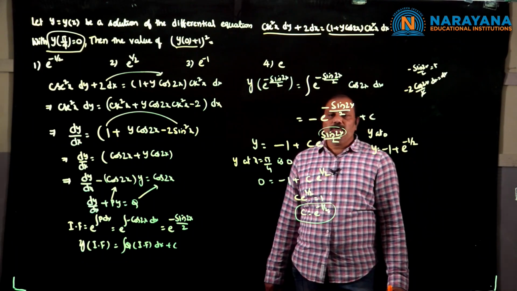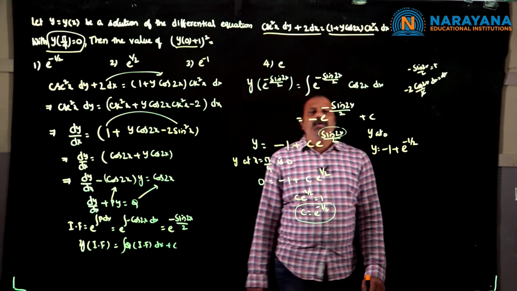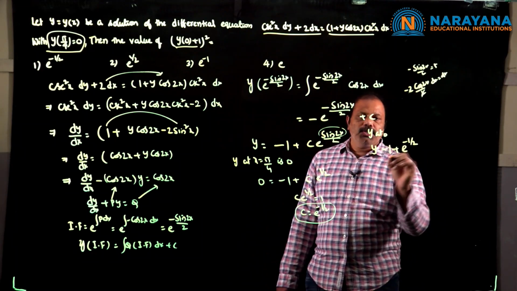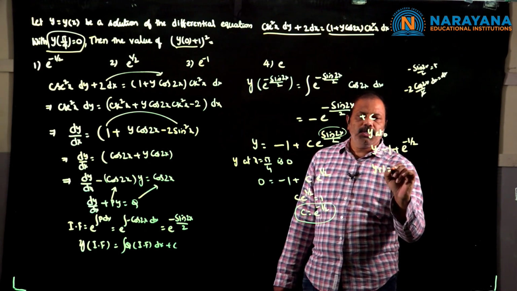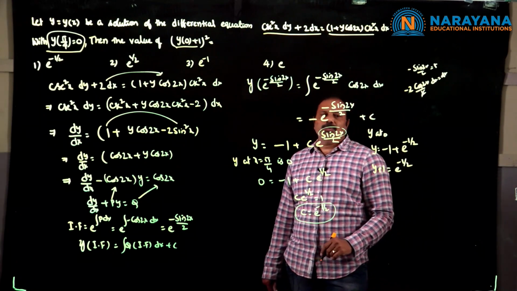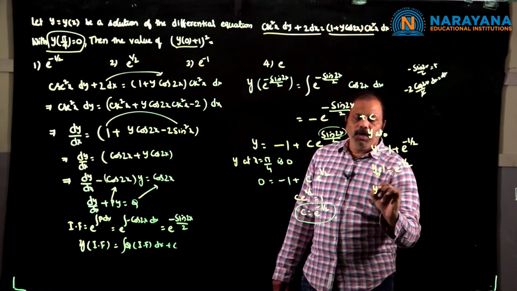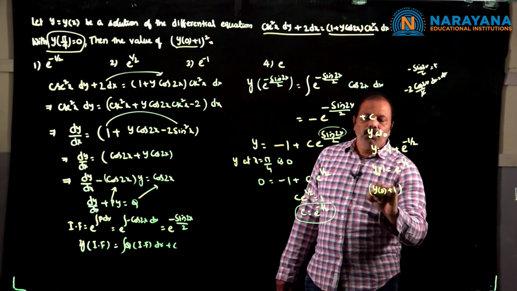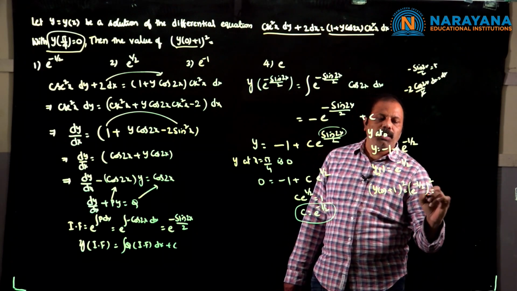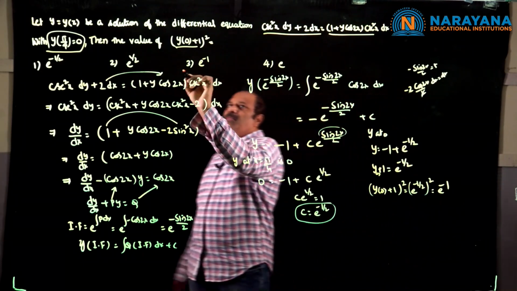So y at 0 plus 1 whole squared equals e power minus 1 by 2 whole squared, which is nothing but e power minus 1. So the third option will be the right option.